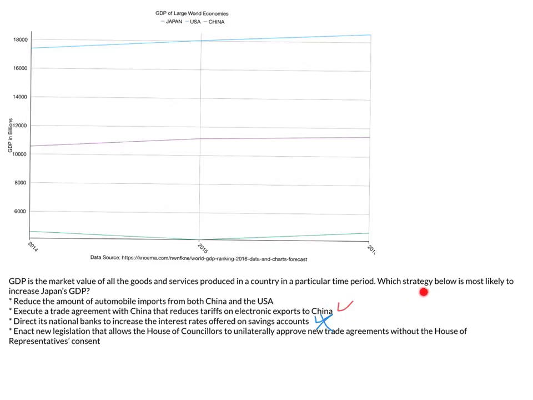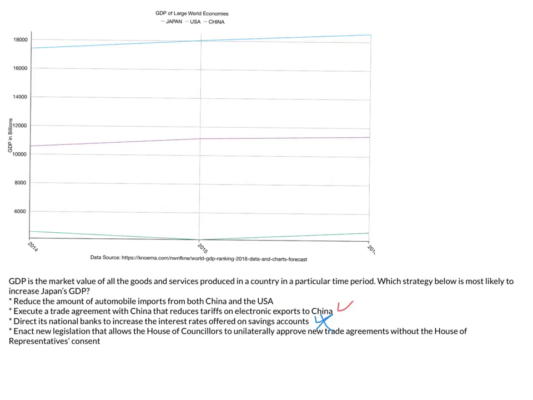And so that will be the strategy below that's most likely to increase their GDP, because this strategy goes directly to the production of goods and then potentially even services. These other items either are not forceful enough or don't go directly to the production of goods.